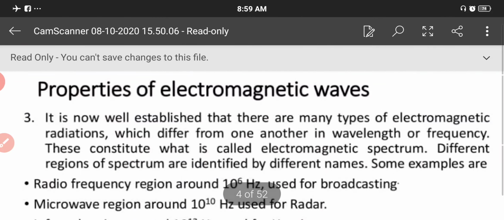Next one is, it is now well established that there are many types of electromagnetic radiation which differ from one another in wavelength or frequency.